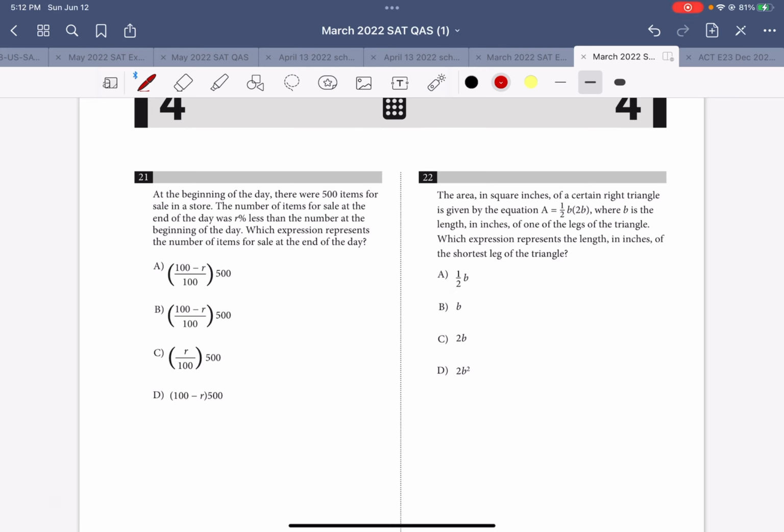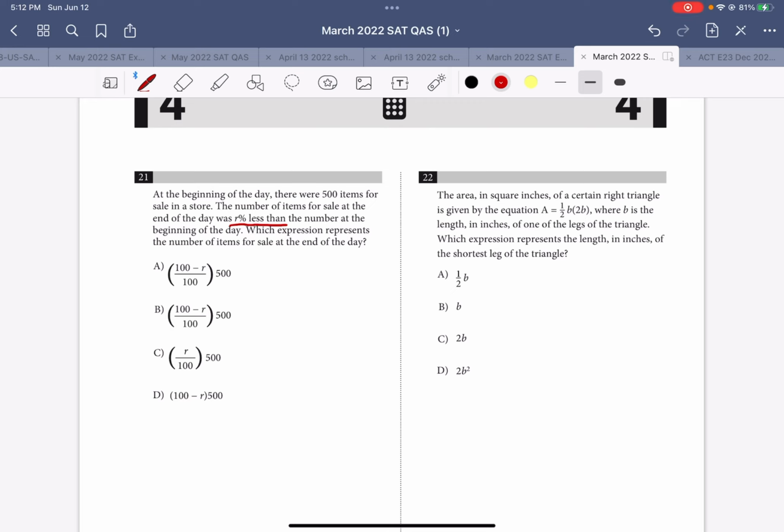Number 21. At the beginning of the day, there were 500 items for sale in a store. The number of items for sale at the end of the day was R% less than the number at the beginning of the day. Which expression represents the number of items at the end of the day?